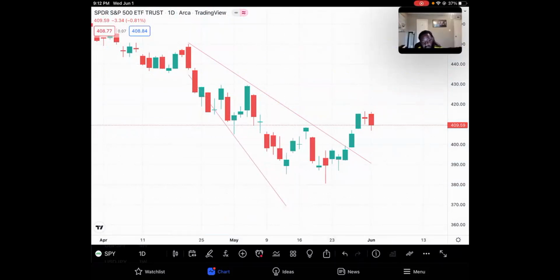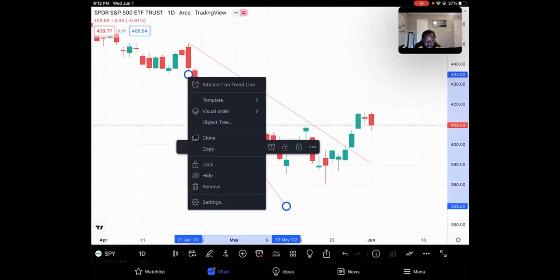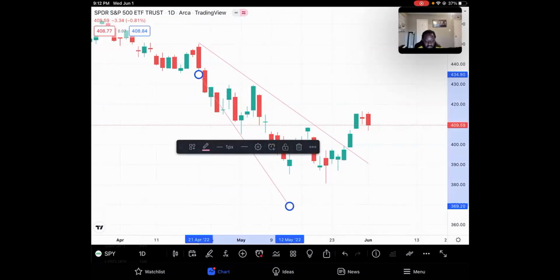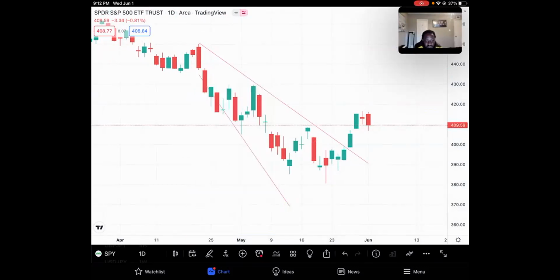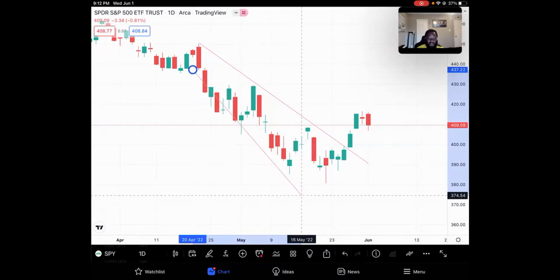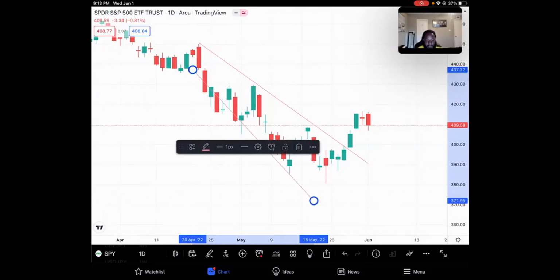Try to maximize your touches. Try to touch as many candles as possible within your path. Make it look a little more like that. That's good.